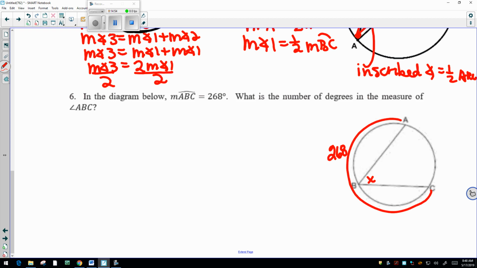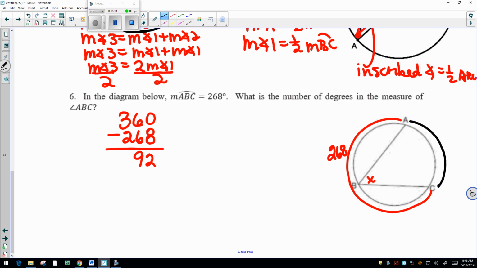They're saying, how big is that? Well, we know we have 360 degrees in a circle. And right now we know 268 of it. So left over, I have 92 degrees. So that 92 degrees is for this remaining arc. And if I take a look at angle ABC, noticing where that vertex is, the vertex is on the circle. So angle ABC is inscribed.